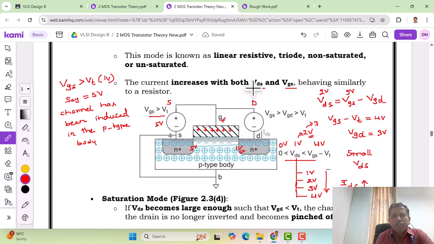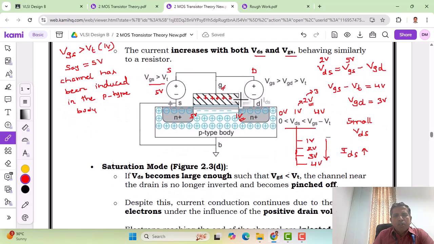But at some point, if we keep VGS constant and increase only VDS, the pinch off will start, and charge carrier movement from source to drain will get saturated. This mode of operation, all the way from 1 to 4 up to the pinch off, is called the linear region mode of operation.